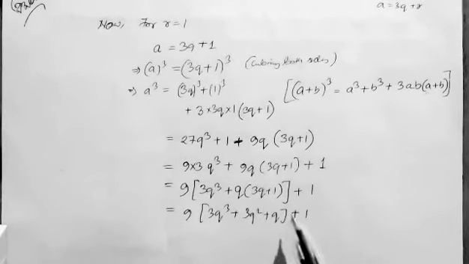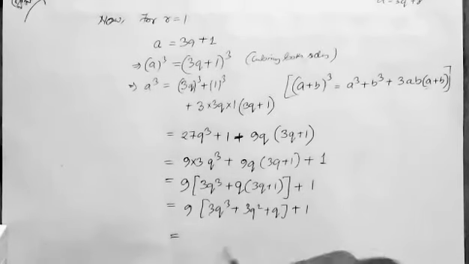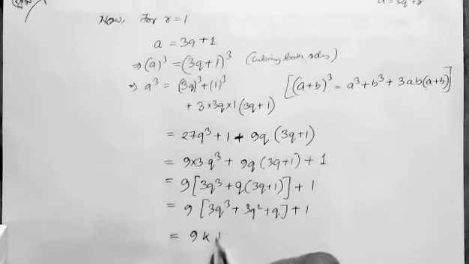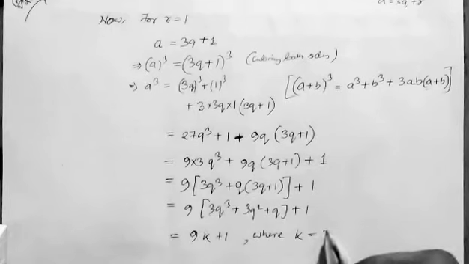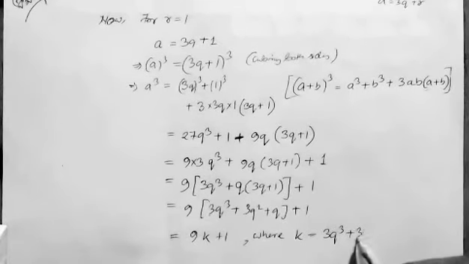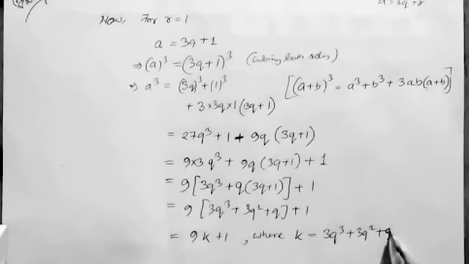If you notice, in this expression 3 is an integer, q is an integer, and their summation will also be an integer. So you can express it in the form of another integer, say k, and replace it by 9k plus 1. You need to write down here that k is equal to 3q cube plus 3q square plus q, which belongs to an integer.